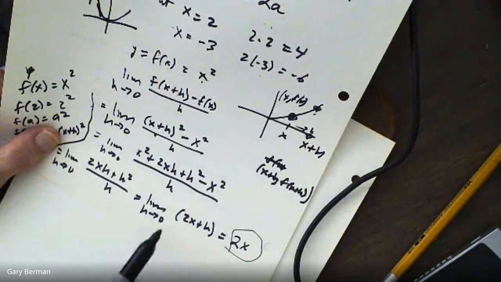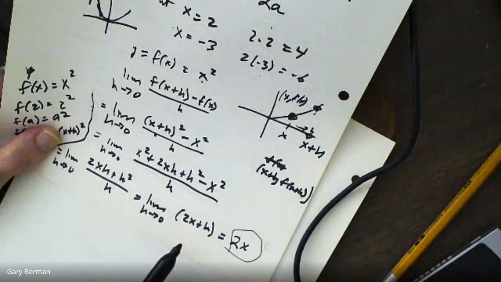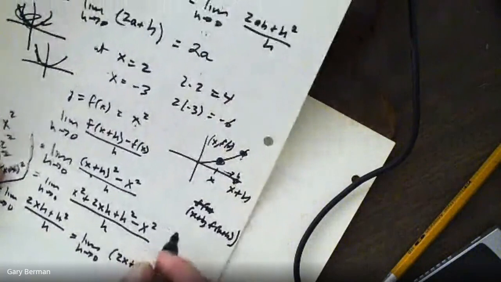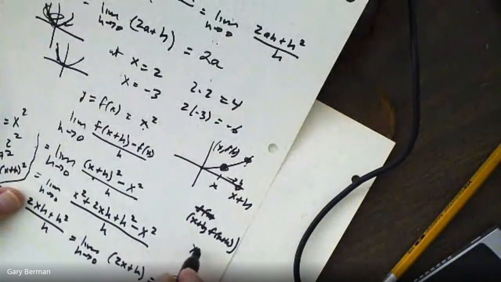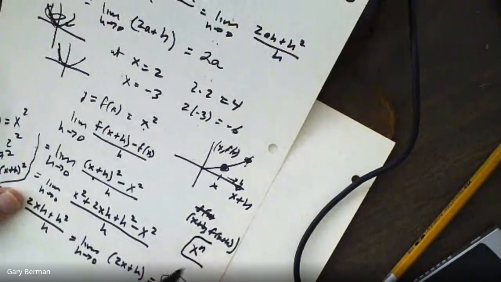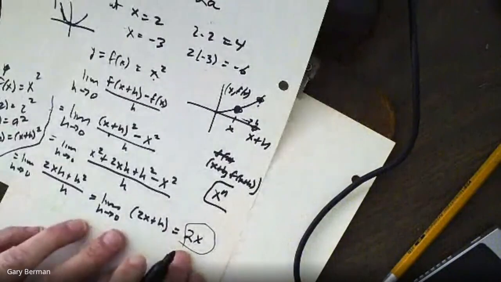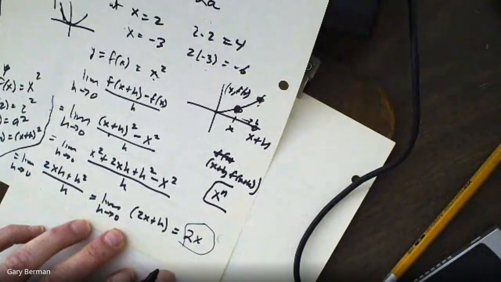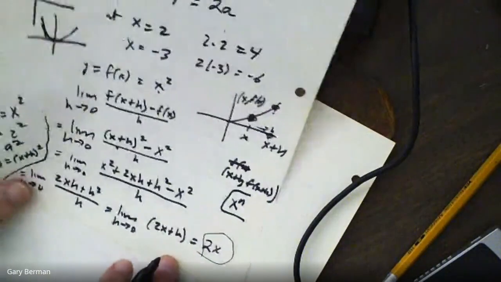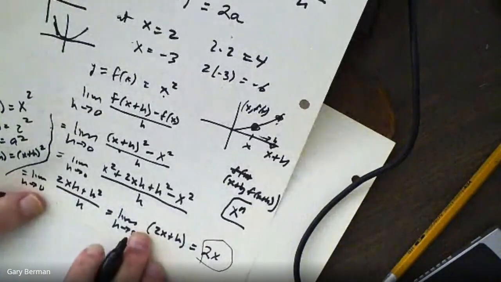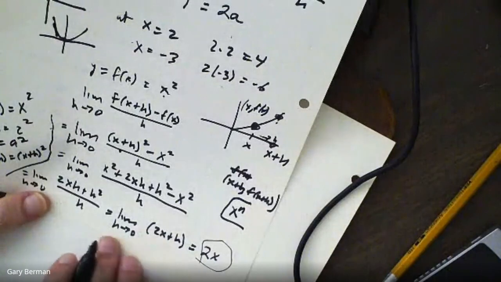We are going to very shortly see that there are shortcut formulas to these problems. In particular, there's going to be a shortcut formula for calculating this for any power x to the n. But before we learn the shortcut formula, everyone has to learn how to do this. Unfortunately, they always ask this on the departmental finals.